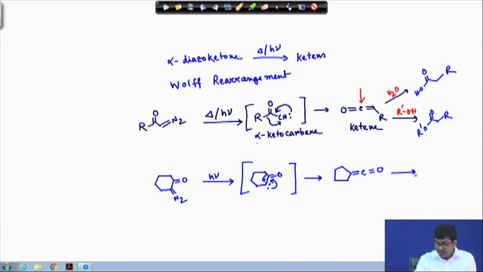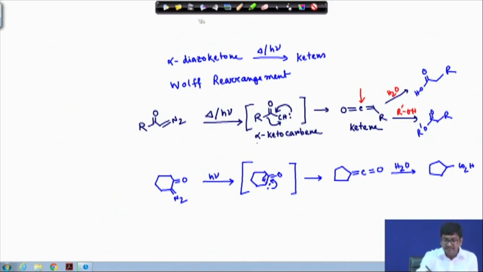Now, this one in presence of water will give the corresponding carboxylic acid. So, here you see that we have started with a 6 member ring and we are ending with a 5 member ring having this carboxylic acid.